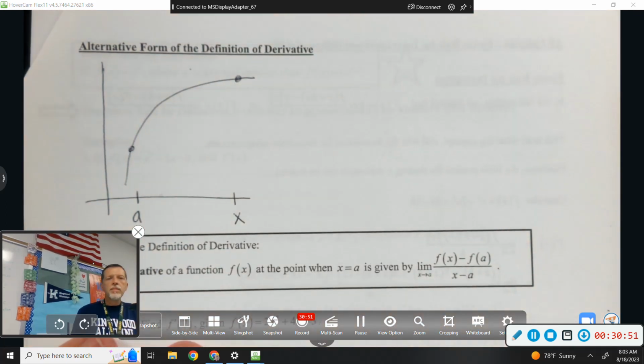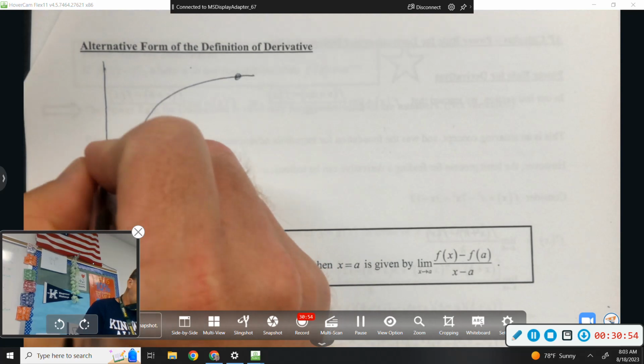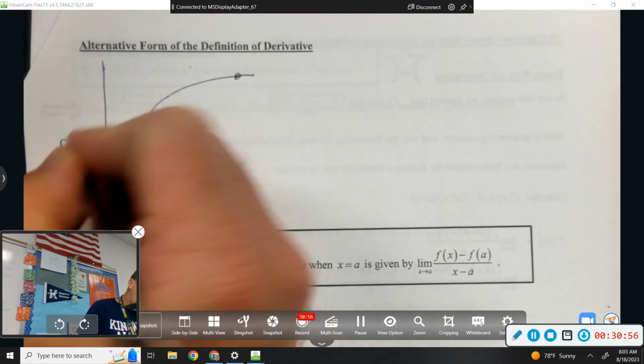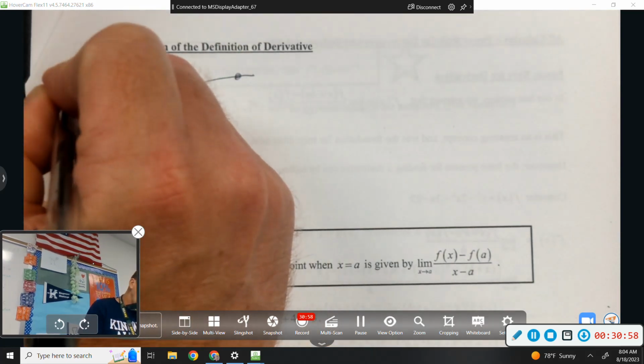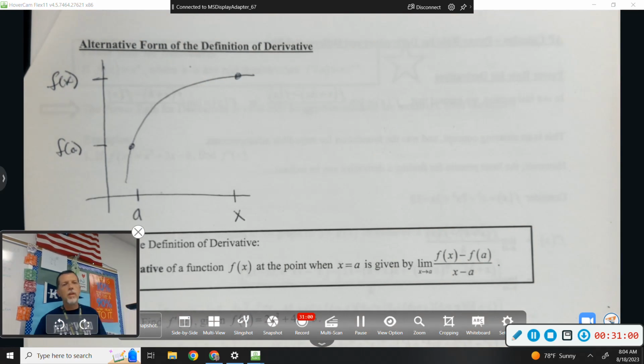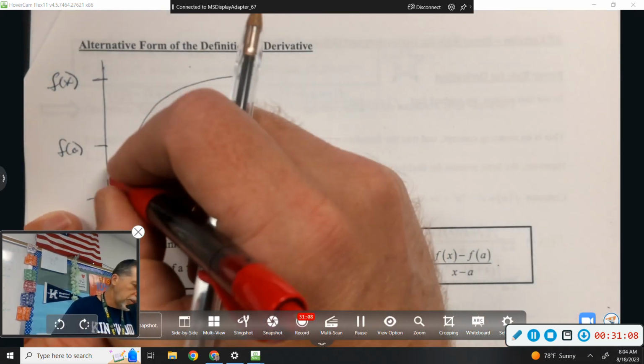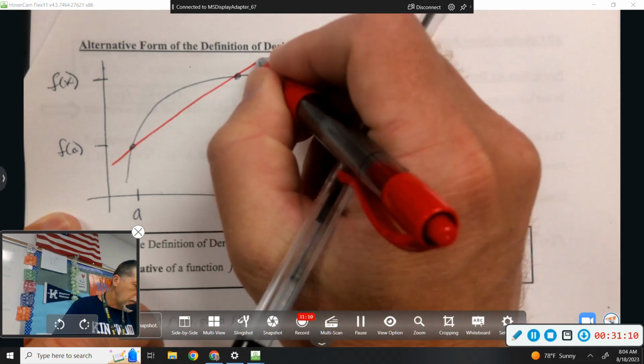But this time we'll use a and x. And the process is going to be pretty similar. We'll start with an A-rock problem.